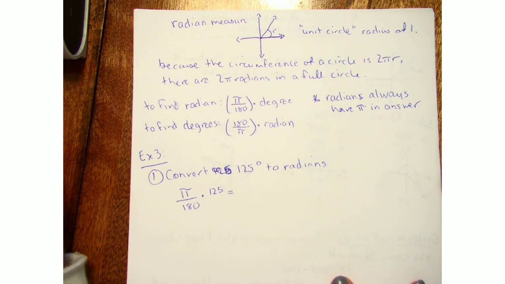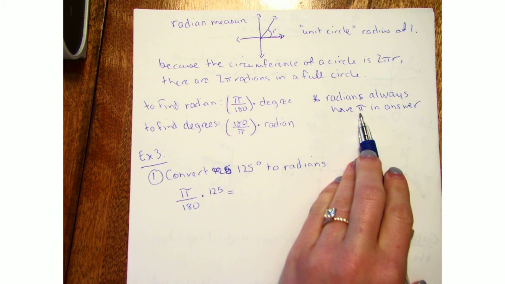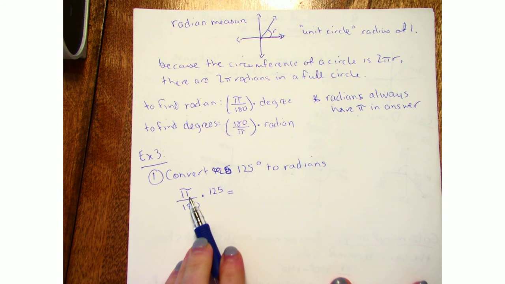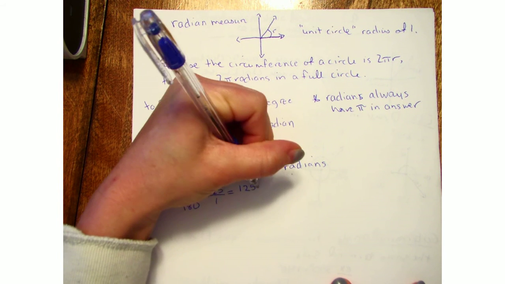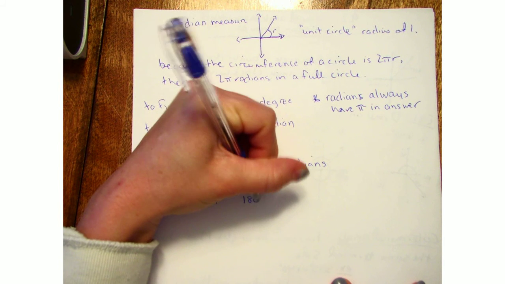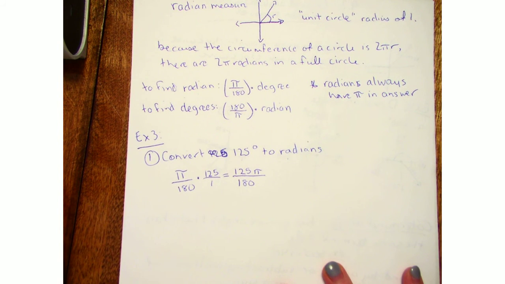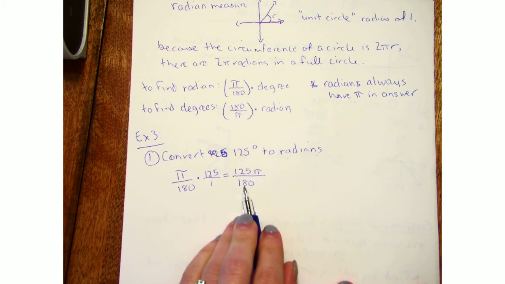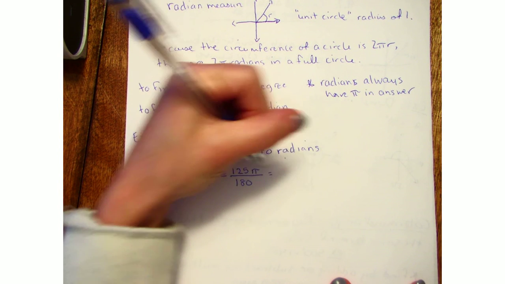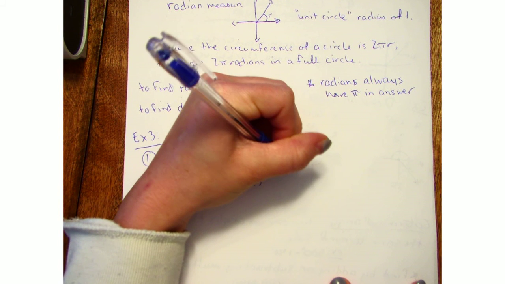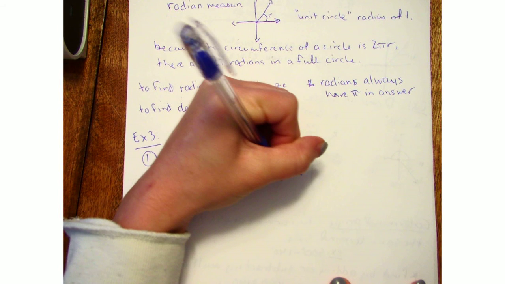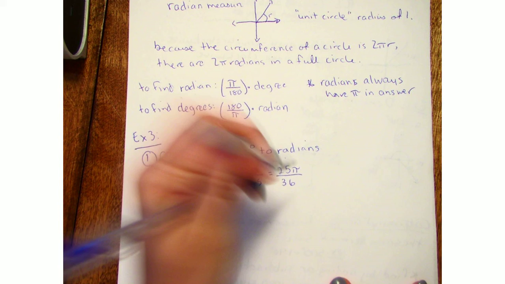And I do not want to shove this whole thing into a calculator, because remember, I want to have pi in my answer. If you put this in a calculator, that's going to turn into a decimal. So you just multiply it straight across. 125 pi over 180, and I know and you know that that definitely can be reduced. It winds up being reduced, if you divide by 5, to 25 pi over 36. What a beautiful answer.